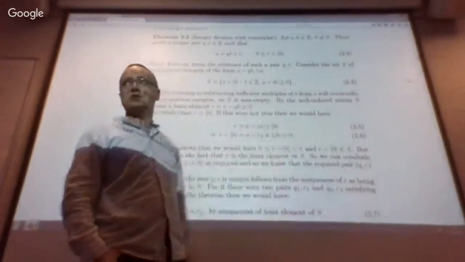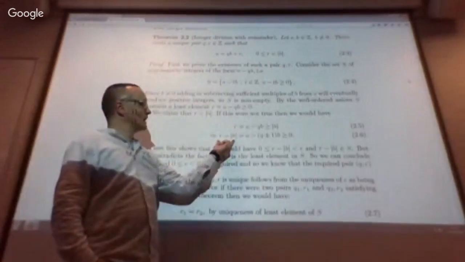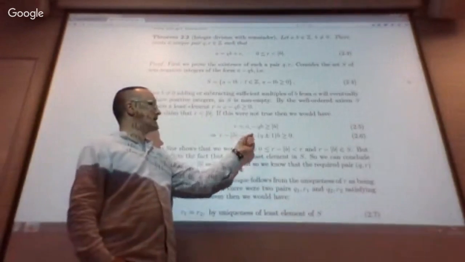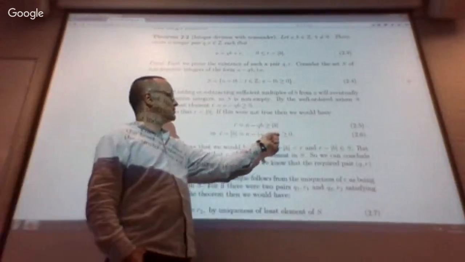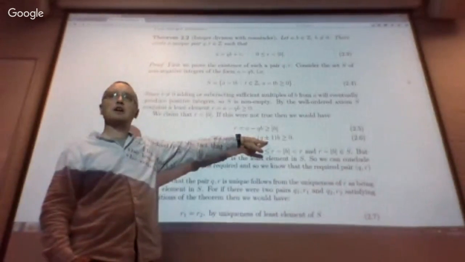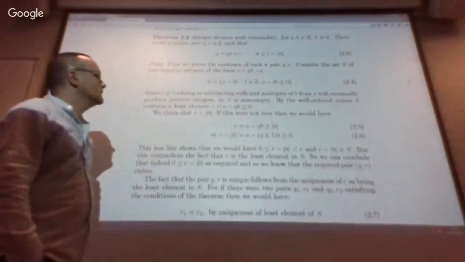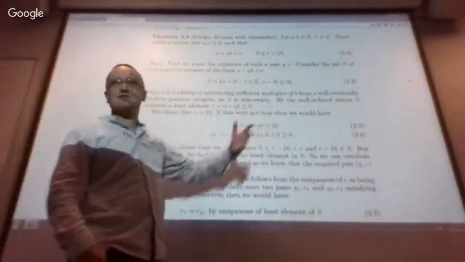You still have this inequality. And this quantity R minus the absolute value of B can again be written as A minus some integer times B. Now there's a little bit of ambiguity here whether it's a +1 or a -1, because there's ambiguity whether Q is a positive or a negative number.